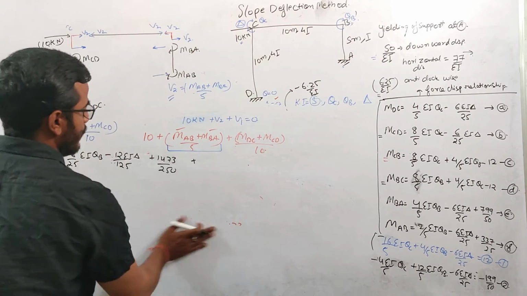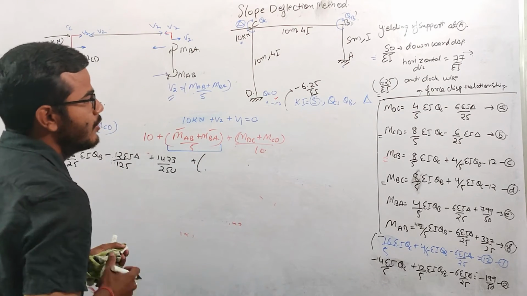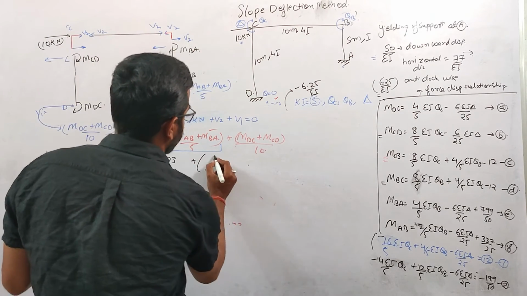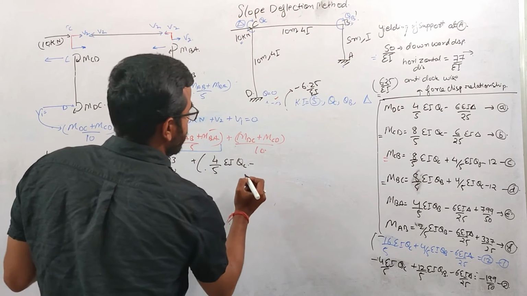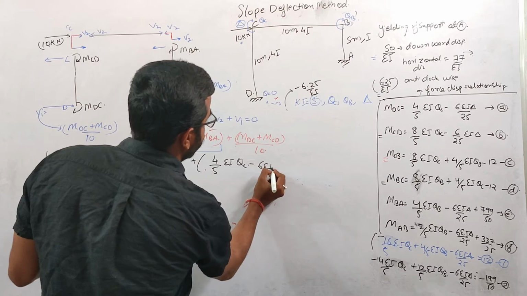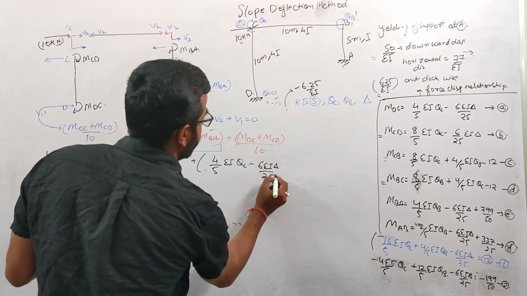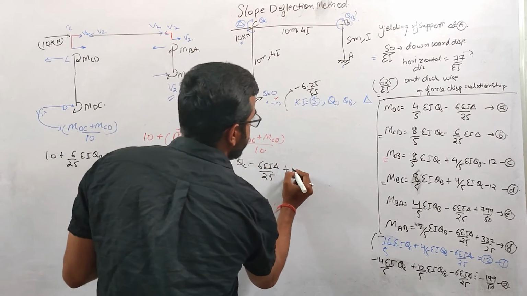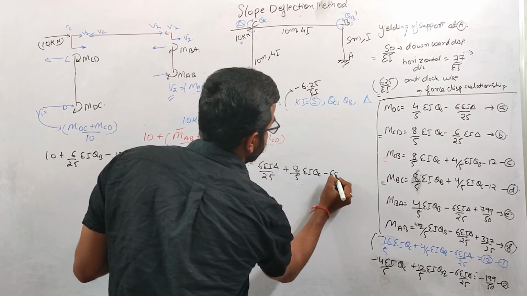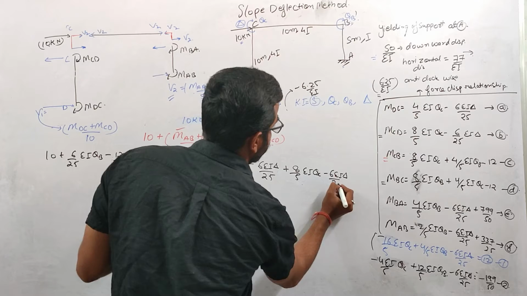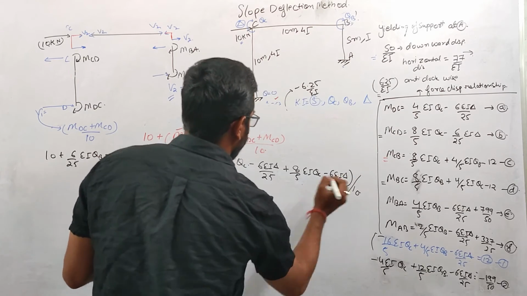So this term will be, what is the value of MDC? MDC is nothing but 4 by 5 EI theta C minus 6 EI delta over 25. What is the value of MCD? MCD is 8 by 5 EI theta C minus 6 EI delta over 25, and this whole term is divided by 10.